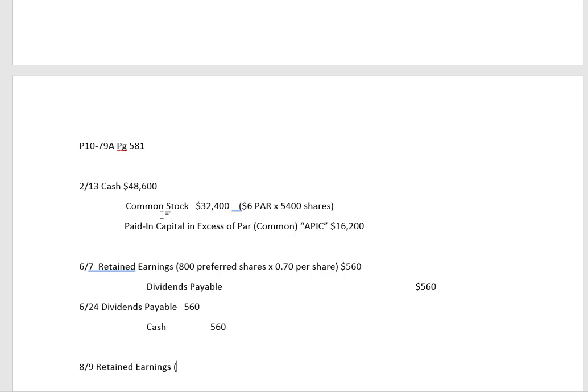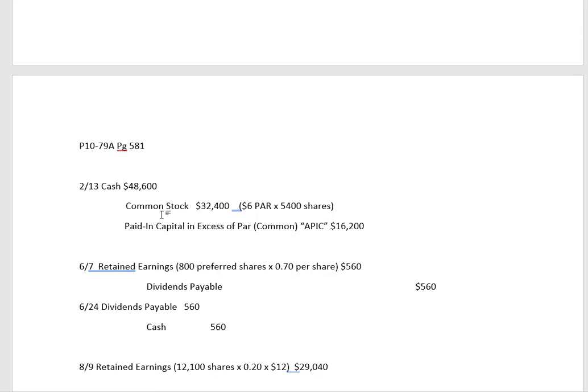I'm just looking in the book at the green box on top. Then on February 13th, we issued another 5,400 shares. So that gives us 12,100 shares that are out there. It's a 20% dividend, and the market price is $12 a share. So how much of a dividend have I declared? $29,040 is the dollar value of that dividend.